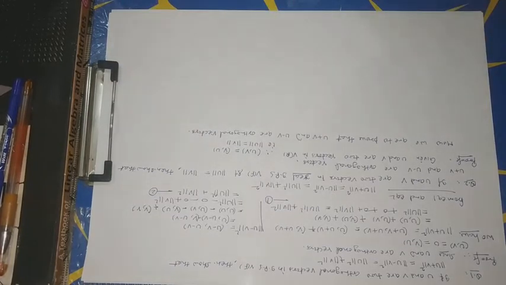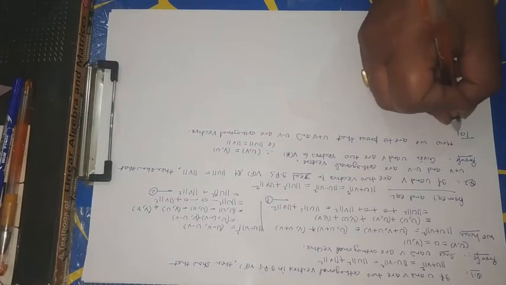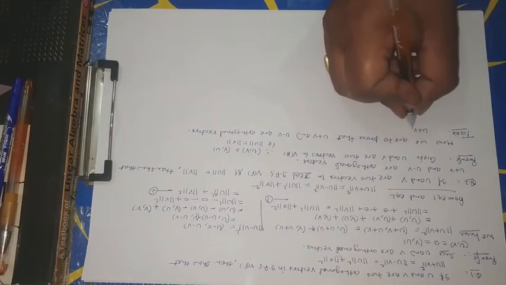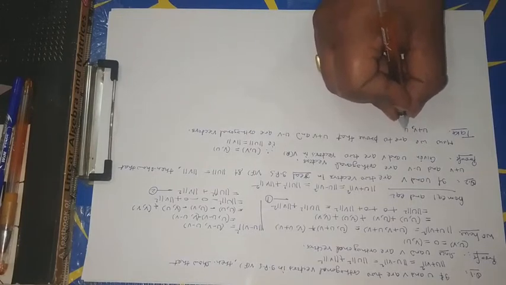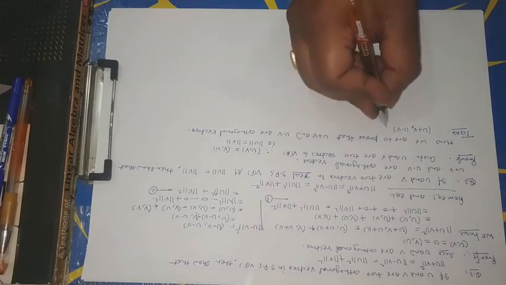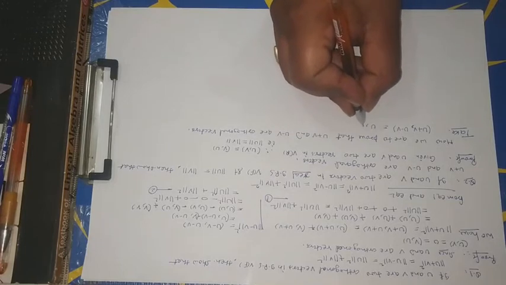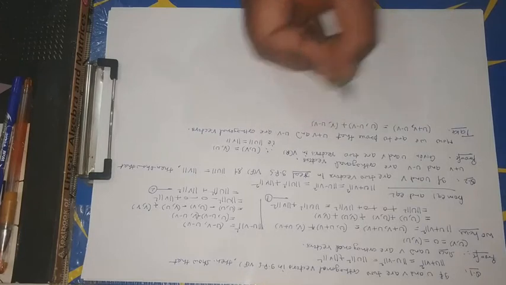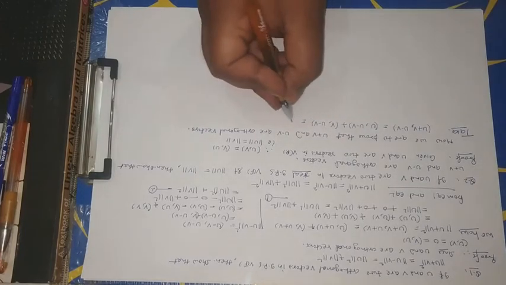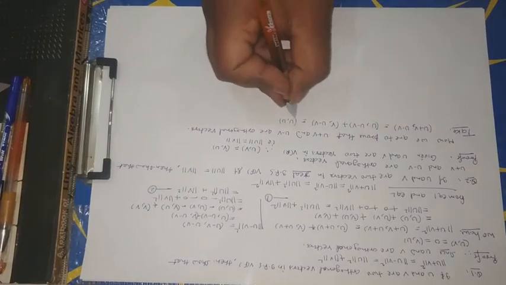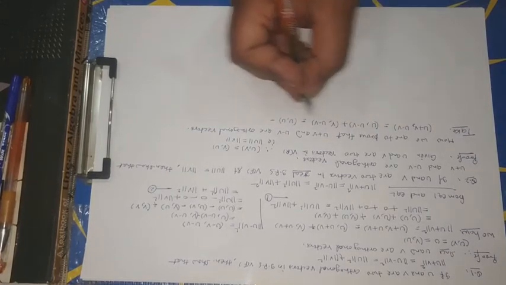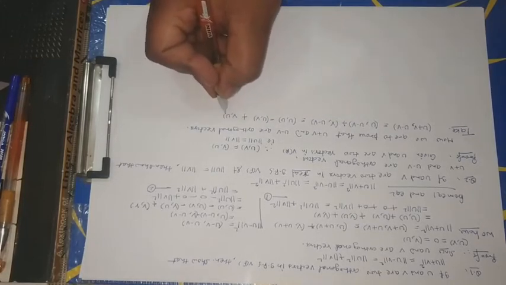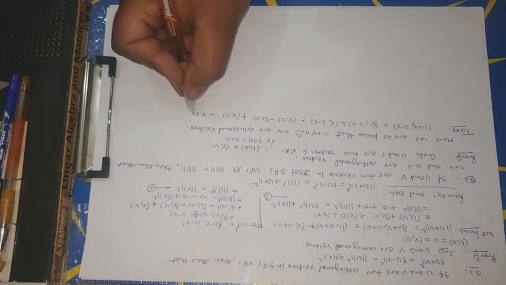Okay. Now take the inner product of u plus v with u minus v. This is equal to u inner product with u minus v plus v inner product with u minus v. This is equal to u inner product with u minus u inner product with v plus v inner product with u minus v inner product with v.